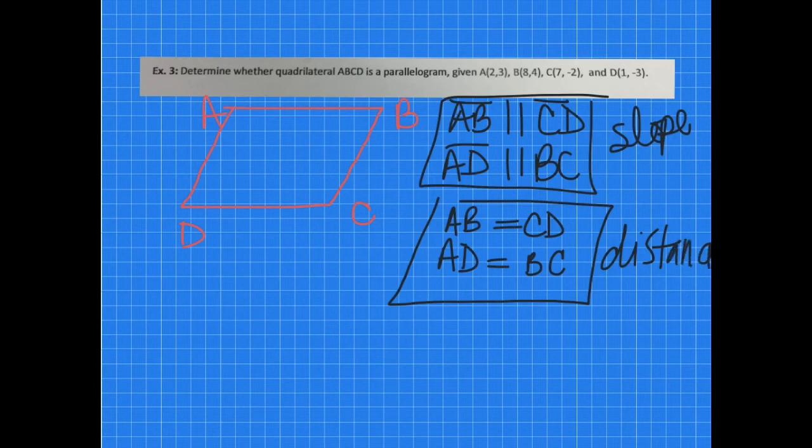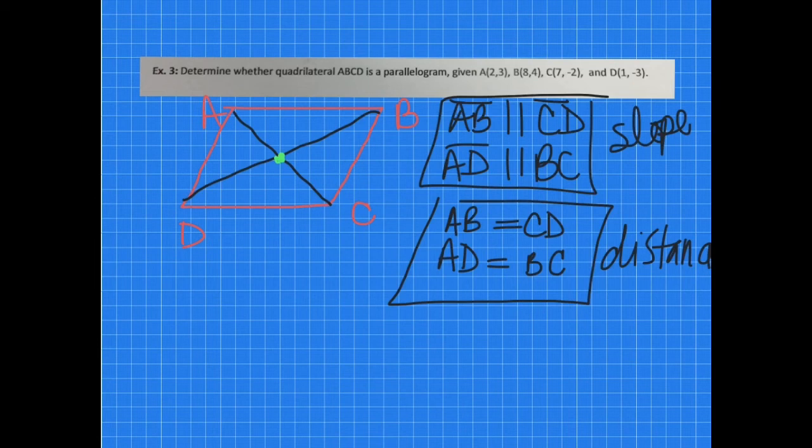We can also use the midpoint formula, because if it is a parallelogram, we know that the diagonals bisect each other, meaning that they are going to intersect at one another's midpoints.